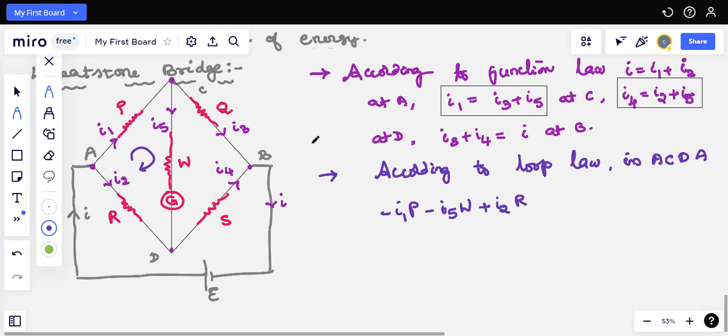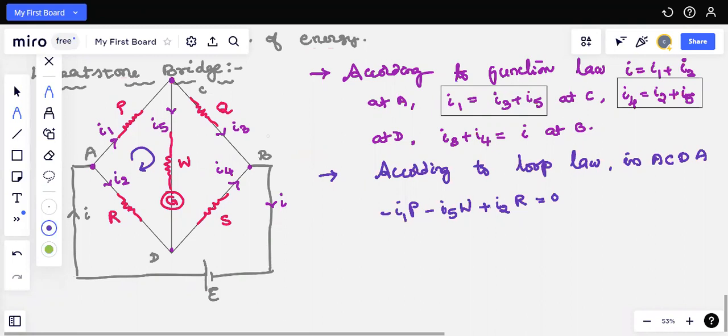Only 3 resistors are there in this loop, so algebraic sum equals 0. Check if there is any mistake. Everything is correct or wrong? Any mistake? No mistake. Okay, very good.